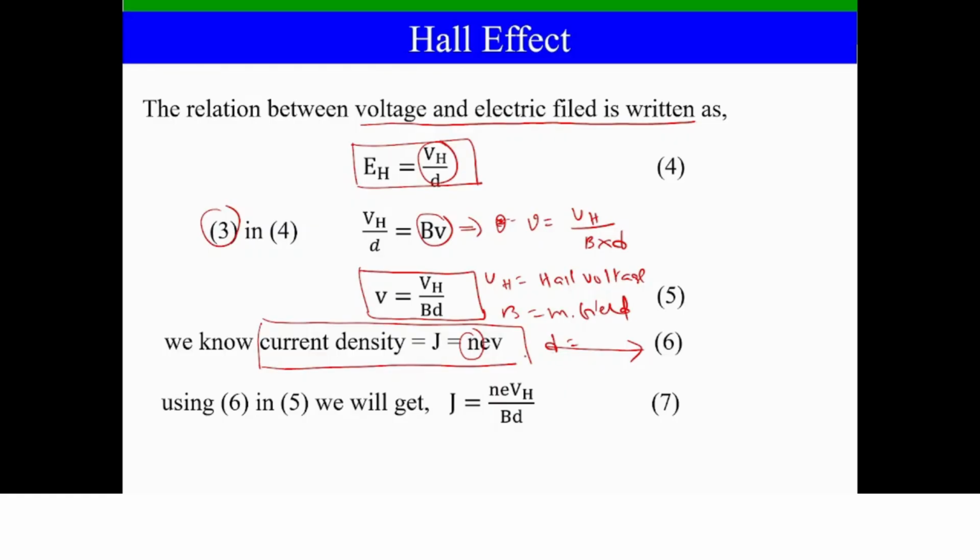Now in equation number 6, substitute the velocity, V is equal to VH by BD. What can we get? J is equal to NEVH by B into D. We can consider it as equation number 7.